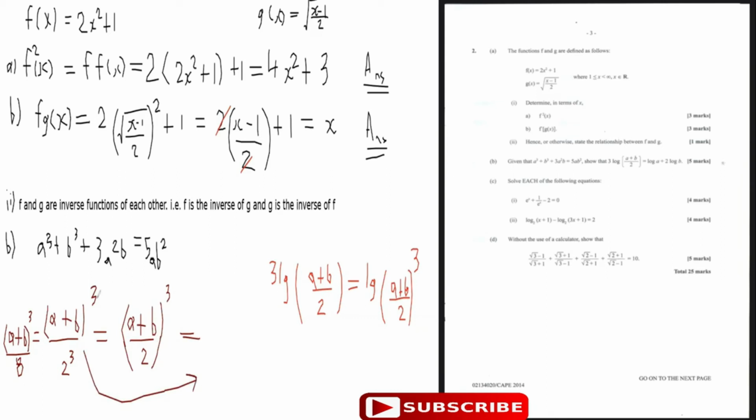I know that (a plus b) all cubed is a cubed plus 3a squared b plus 3ab squared plus b cubed. And all of that is divided by 2 cubed, which is 8.